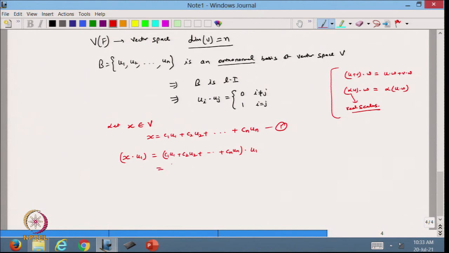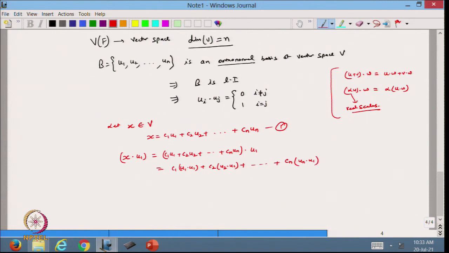So from here I can write this as c1 u1 dot u1 plus c2 u2 dot u1, and so on up to cn un dot u1.